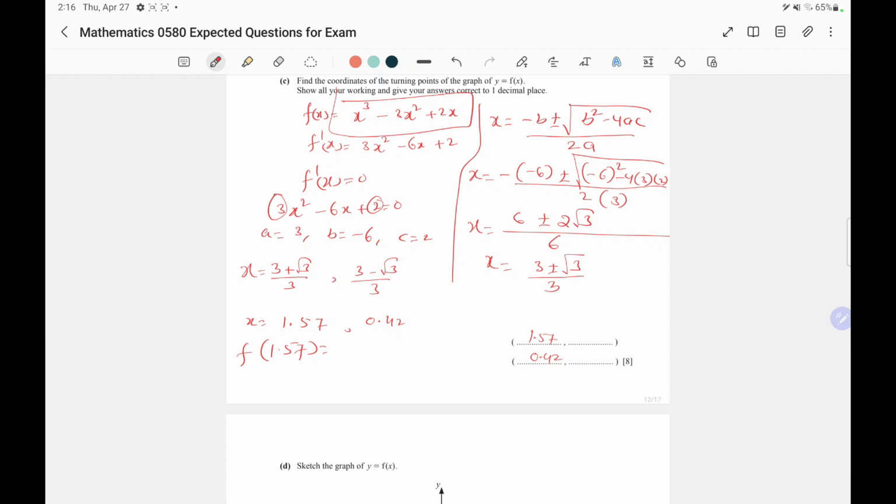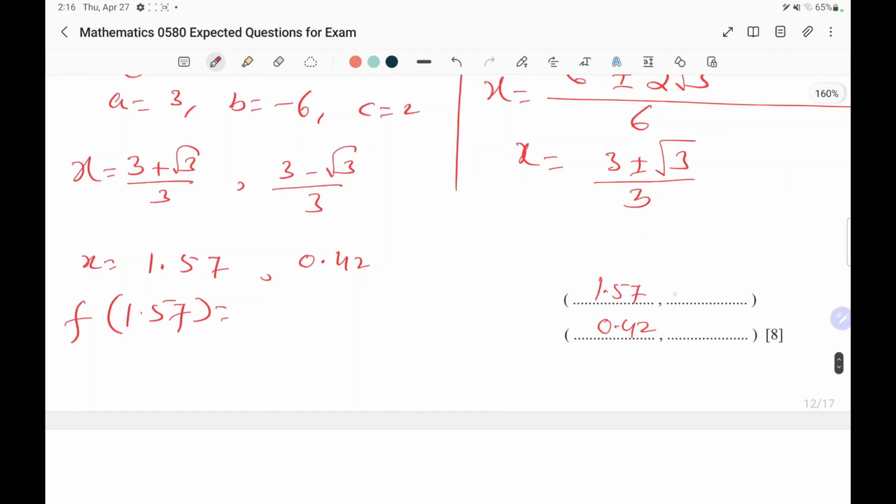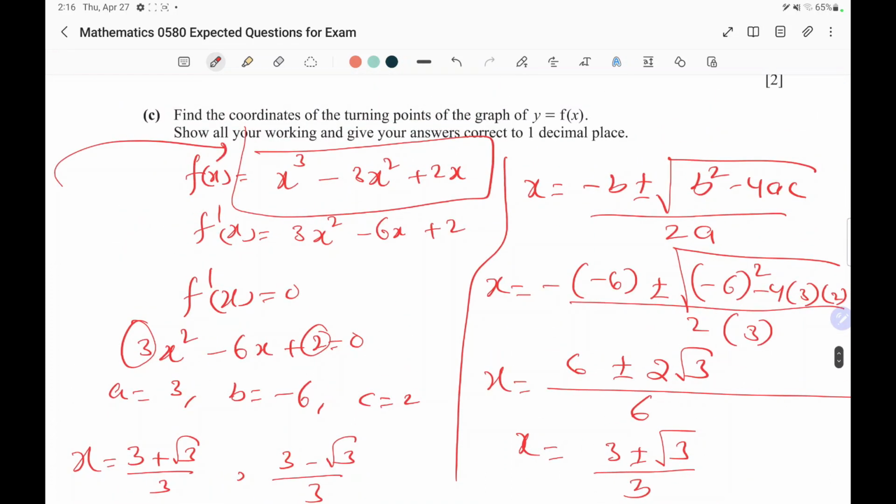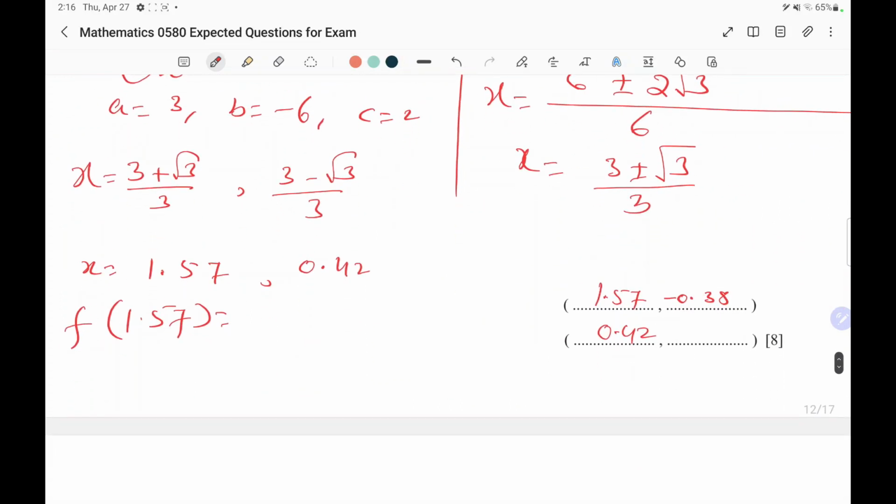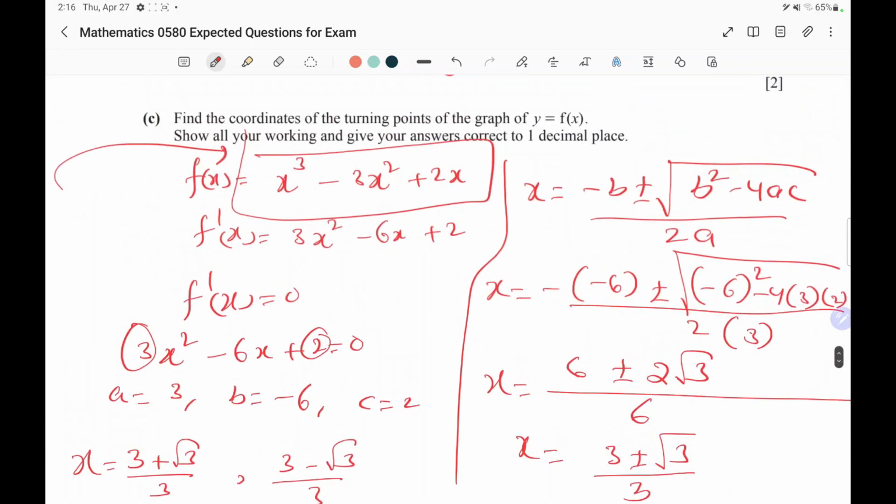I got minus 0.38. Okay, now I have to put 0.42. So 0.42 to the power 3 minus 3 times 0.42 squared plus 2 times 0.42. That is 0.38. So I got this.